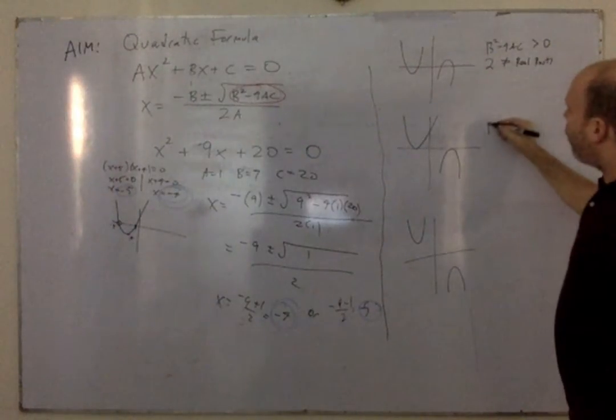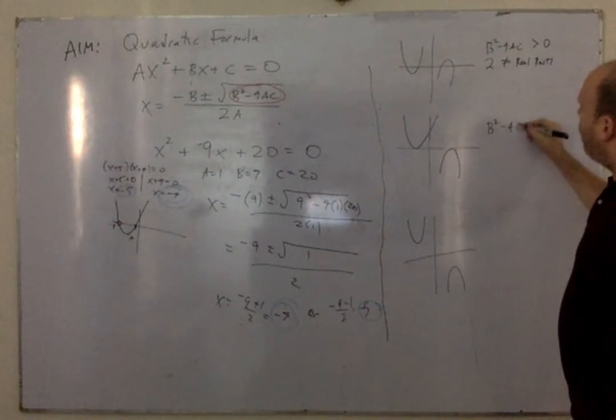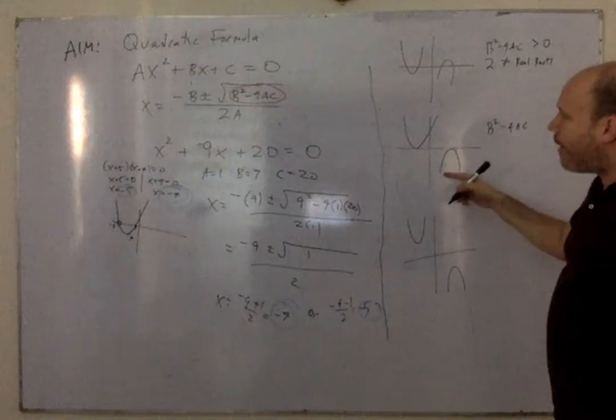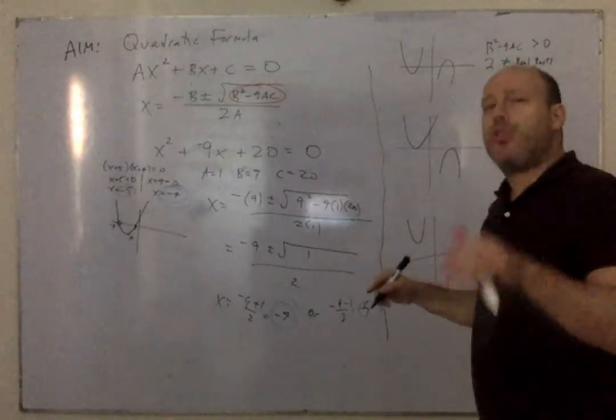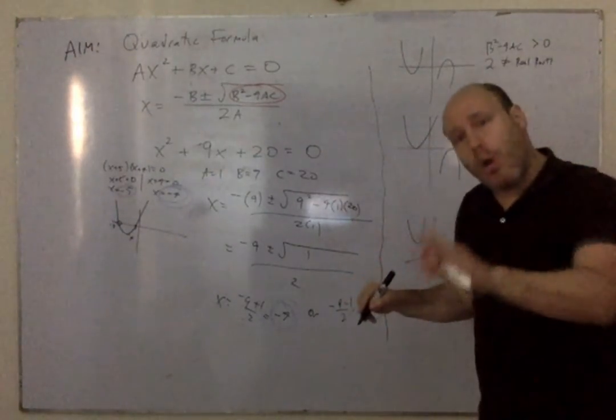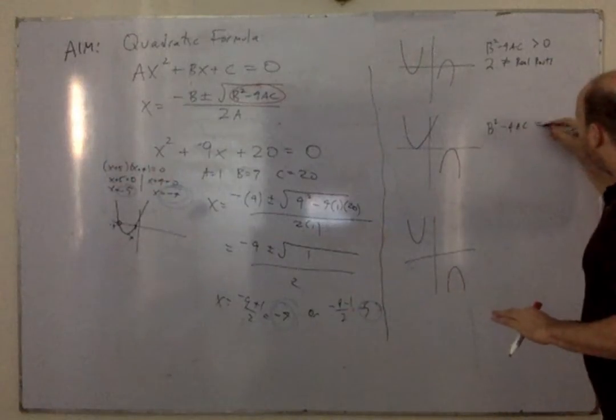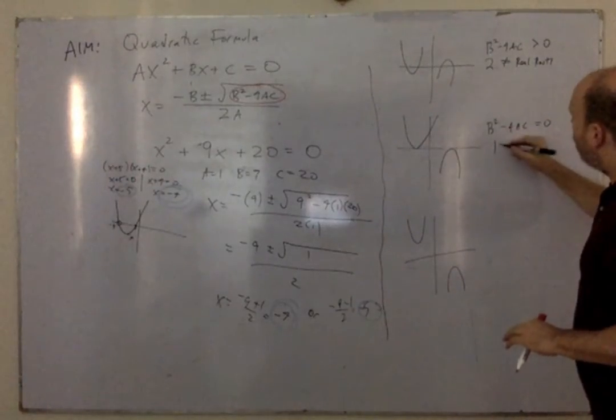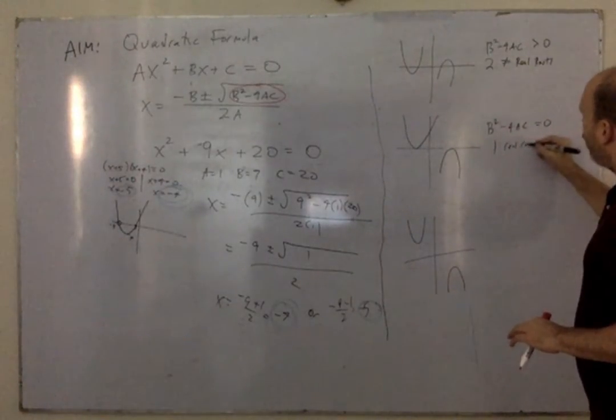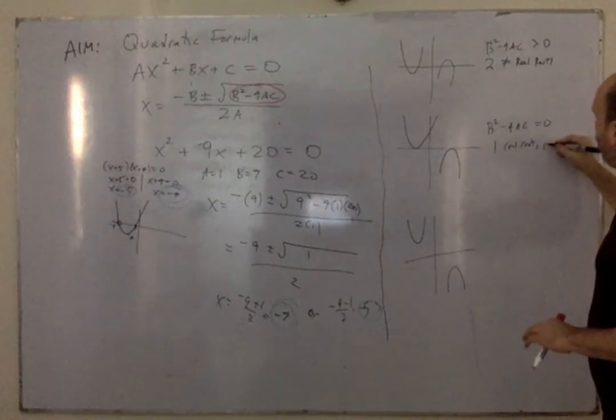If the parabola touches the x-axis in just one place, b squared minus 4ac equals 0. There's 1 real root, repeated.